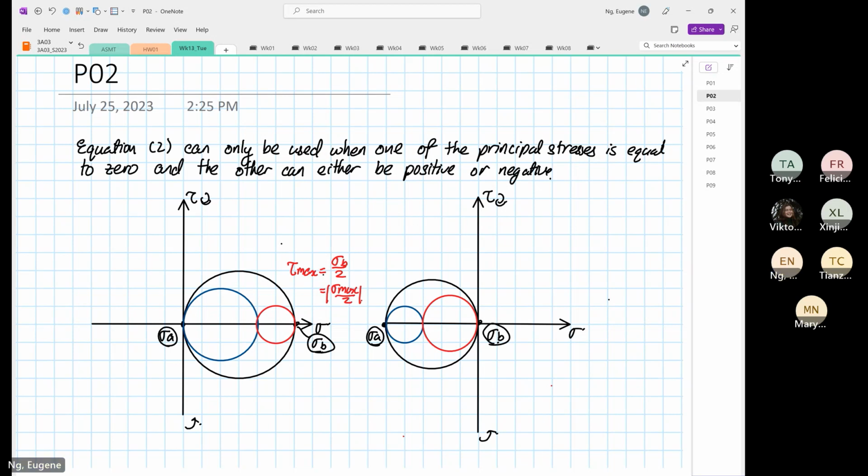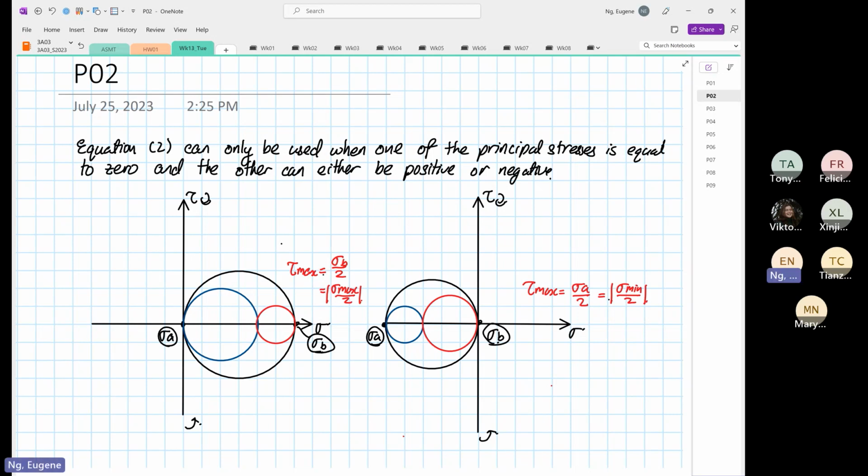Whereas on the other side, tau max will be equal to stress A divided by 2, which is equal to your absolute value of stress min divided by 2.